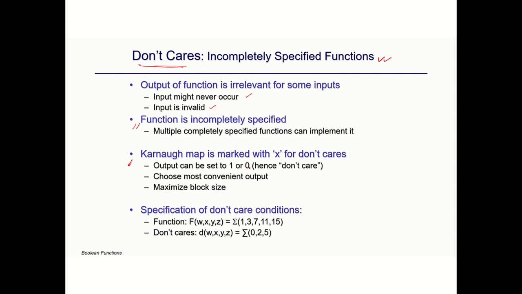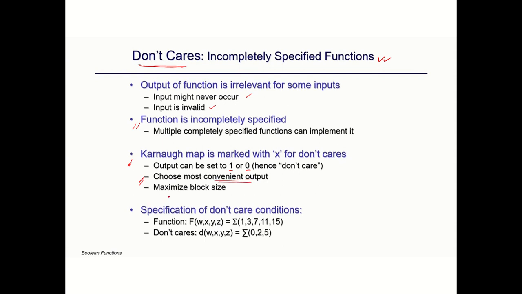If some of the onset positions can be covered with the help of a don't care, then we put that don't care as a 1, otherwise we keep it as a 0. Then we just need to choose all those don't care positions judiciously, in our convenient way.